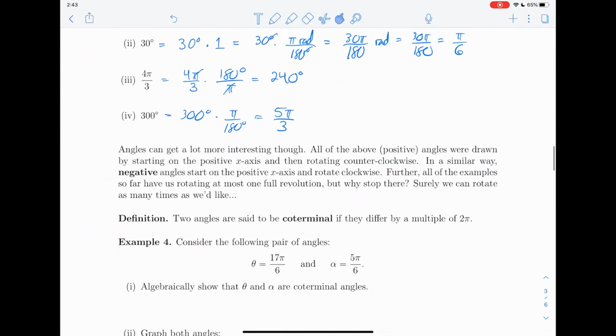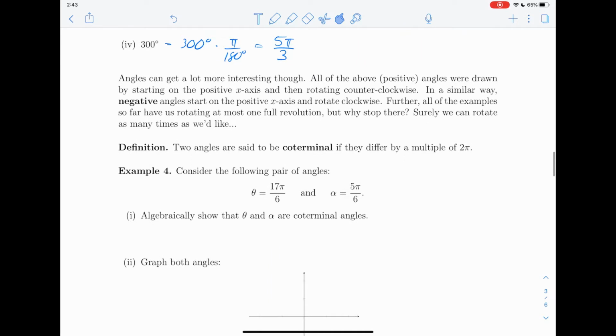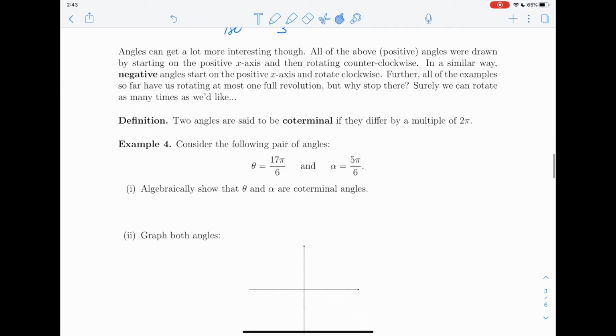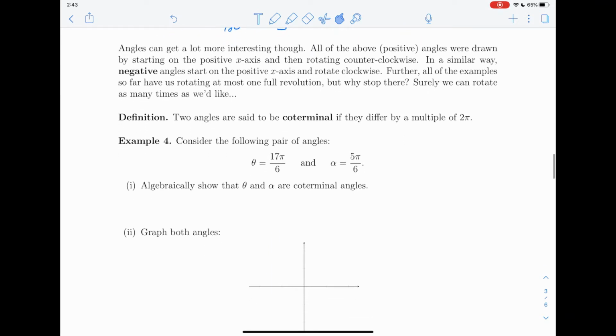For example, instead of moving counterclockwise, which is what occurred every time we had positive angles, we could choose to move in a clockwise fashion instead. We could rotate clockwise. However, the trade-off is, instead of having positive angles, we will now start having negative angles.